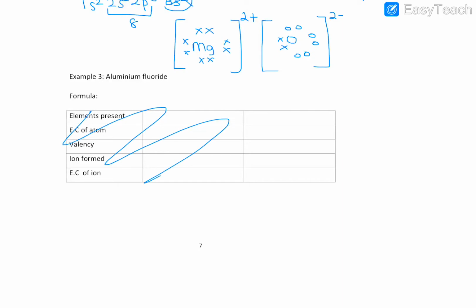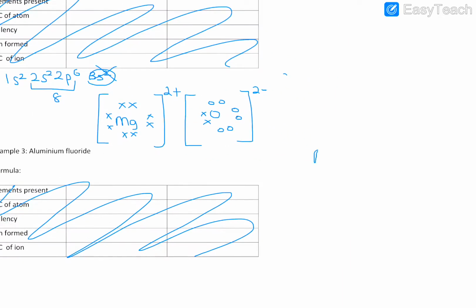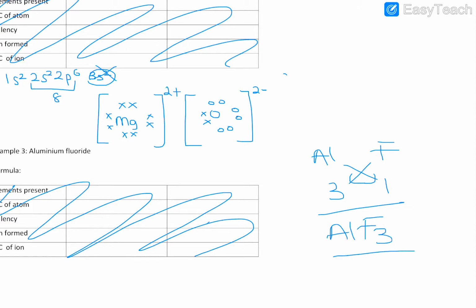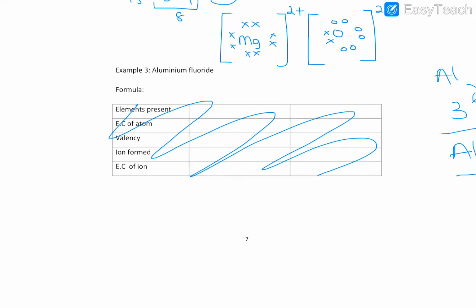Let's do aluminium fluoride now. Again, let's do the cross multiplication, valency 3, valency 1. So I will have AlF3. Now aluminium will have 8 electrons in its outermost shell. So I'm going to have Al with 8 electrons.